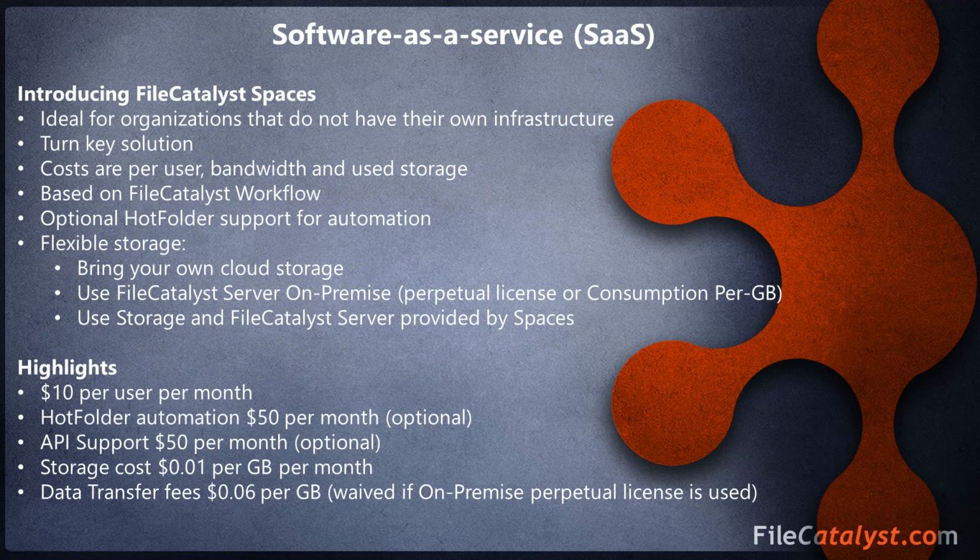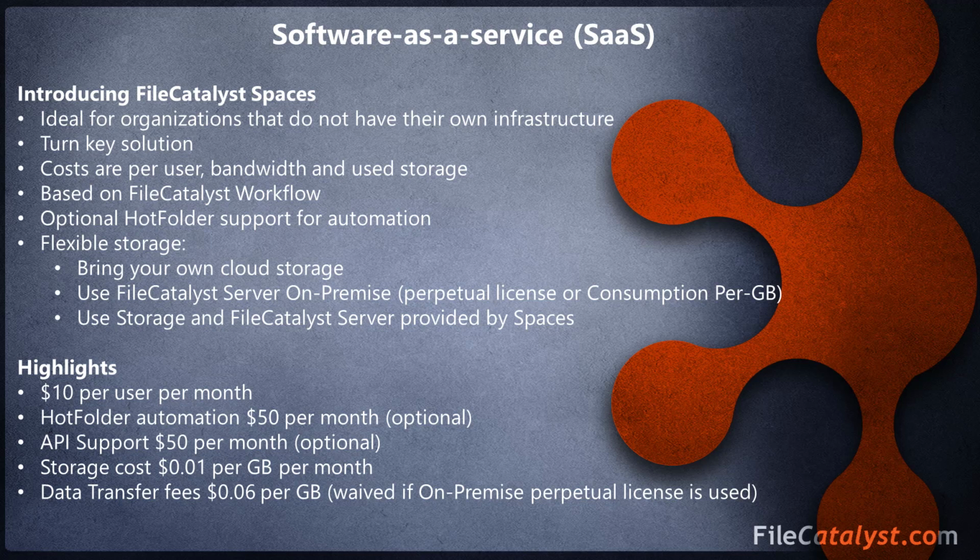The last option that we're launching soon will be FileCatalyst Spaces. It will provide you everything: the infrastructure, the networking, the storage. It's a turnkey solution. You just pay a monthly fee, and per additional user, you pay about $10 per user per month. You can add hot folder automation to it.